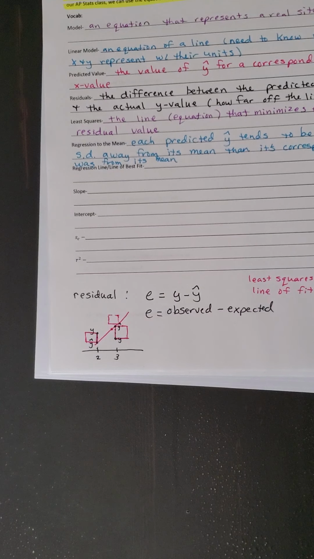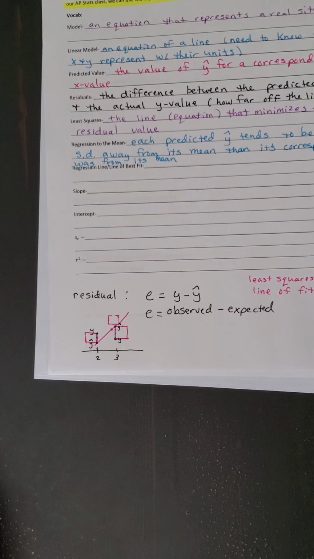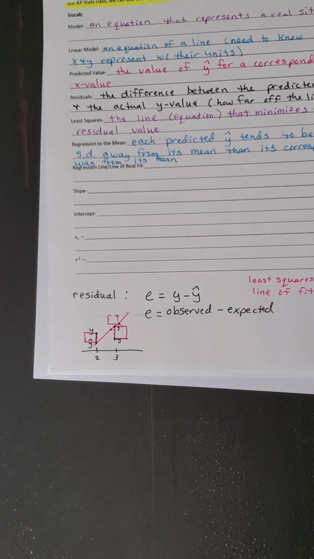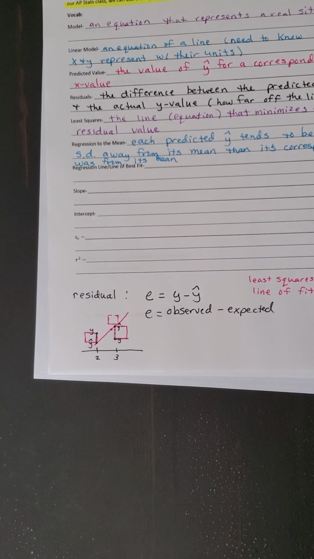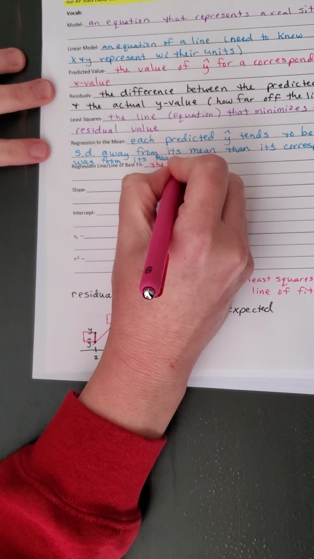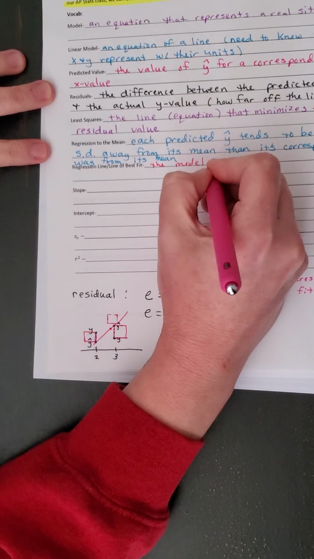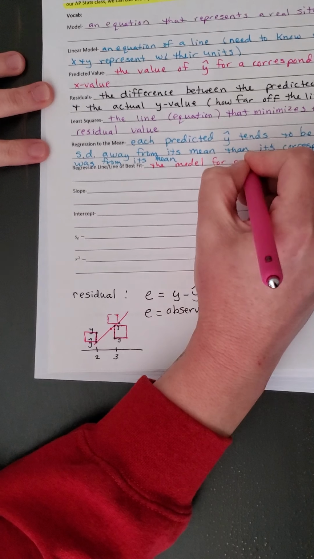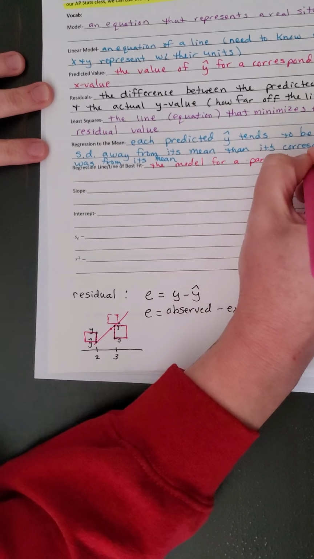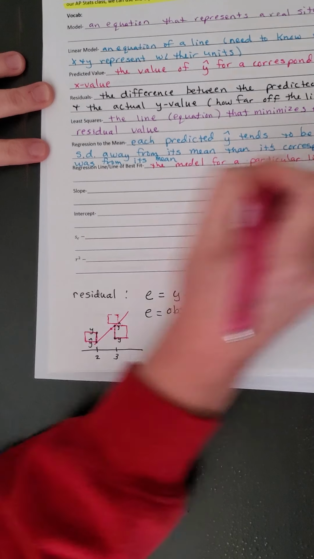The regression line, or the line of best fit, is also called a least squares regression line, and it is the model for a particular linear equation.